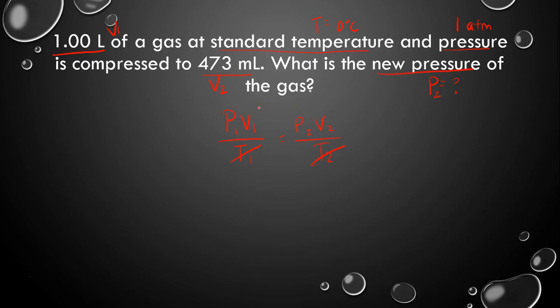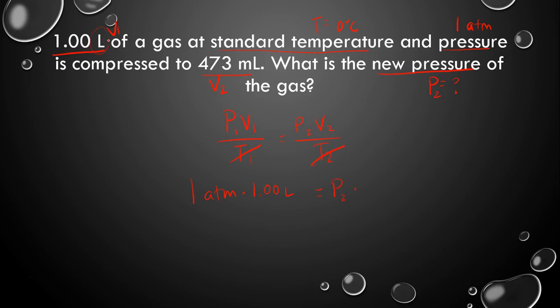We can't do that. So our first P, I'm going to use atmospheres, like I said, is 1 atmosphere times our volume, 1 liter. That is going to equal our new pressure, which we're finding, times this.